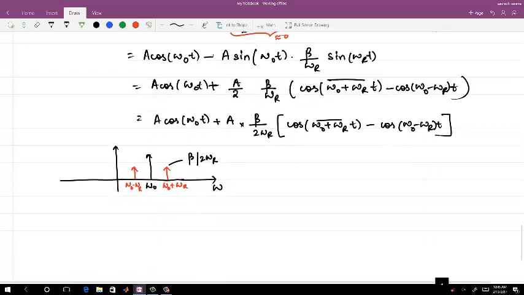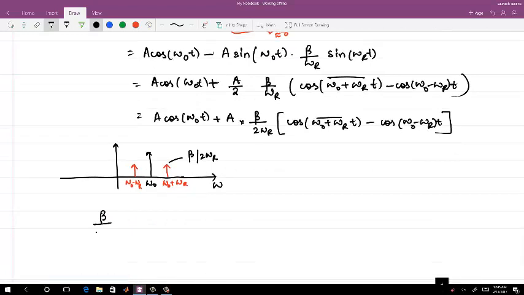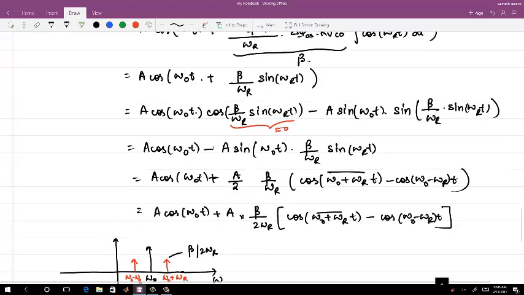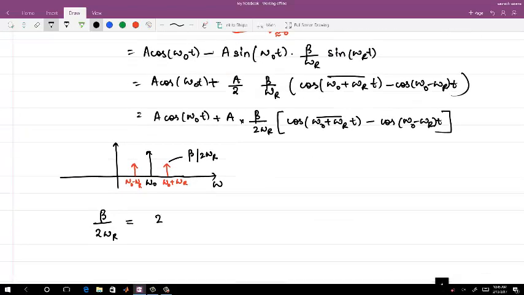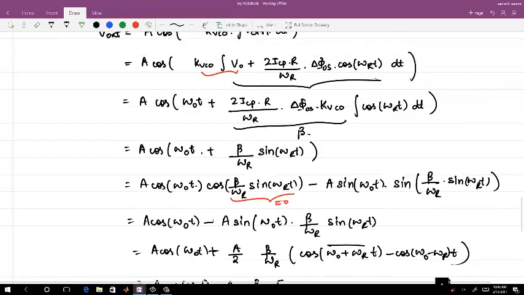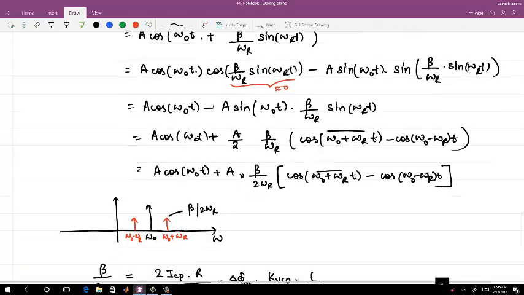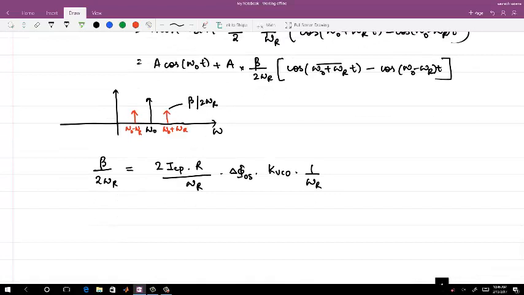So beta by 2 omega R is equal to 2 ICP R by omega R into delta phi offset into KVCO into 1 by omega R. Okay, and beta by 2 omega R is this.